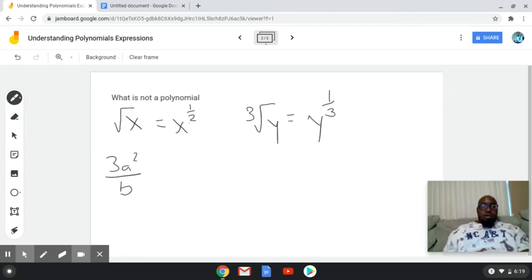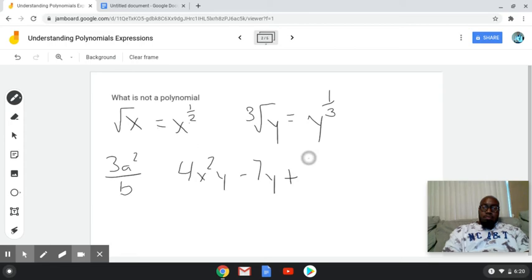Let's say it started off looking like a polynomial. So let's say it had 4x squared y minus 7y plus 4x to the -1.